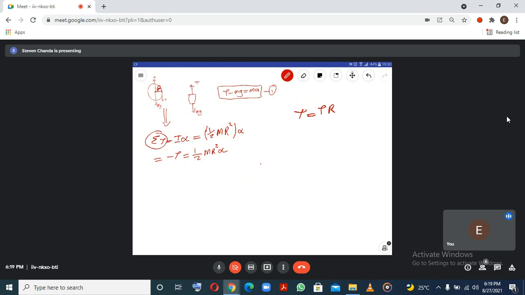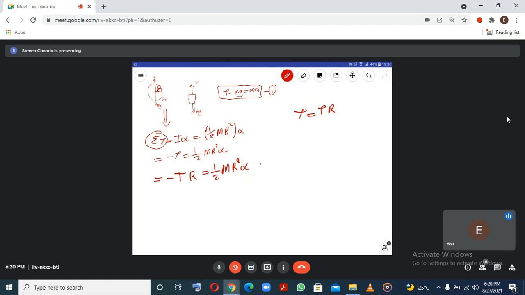So we can rewrite the negative torque as negative tension times radius is equal to mass of the cylinder, radius, and angular acceleration. Once you've done this, then we are on the right path.